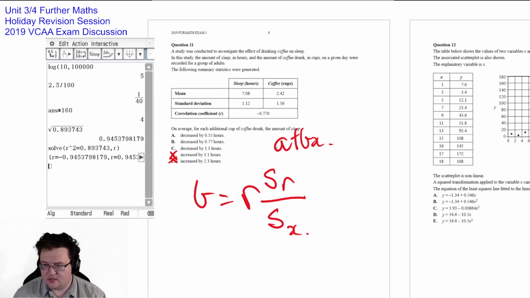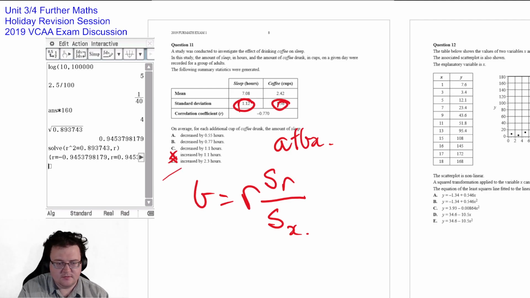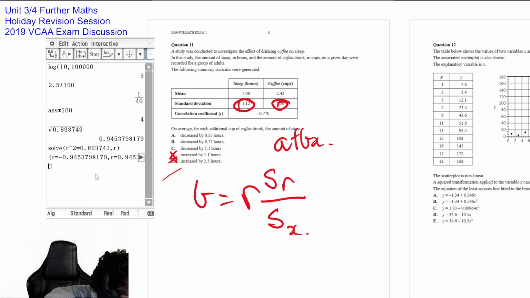So s_r, the response variable, is going to be that, and the explanatory variable is that. You're going to put all three things into your CAS. Obviously, the more coffee you drink, the less you sleep.